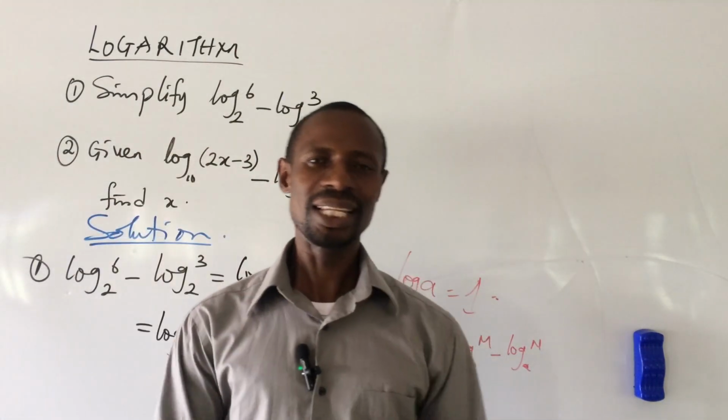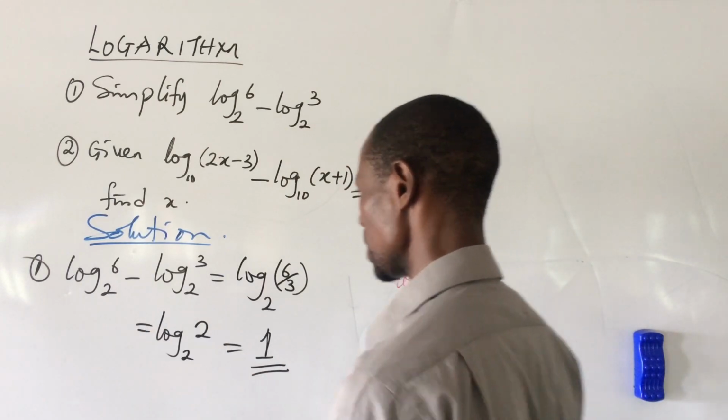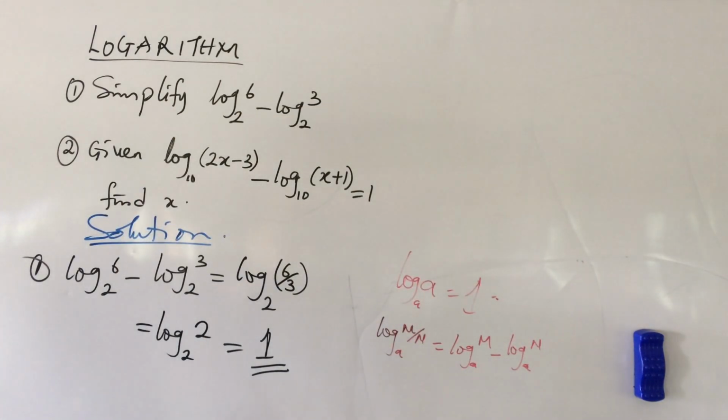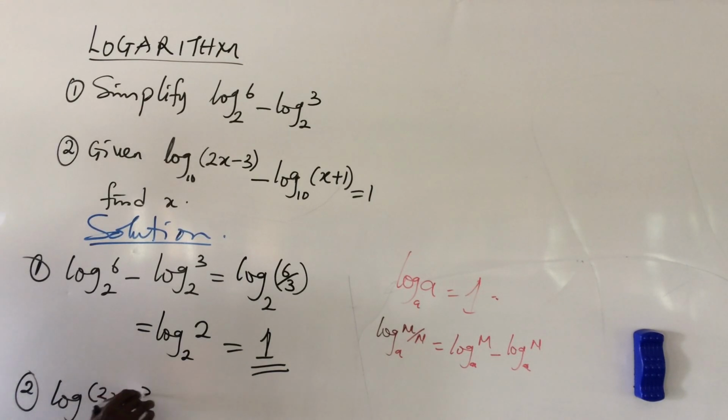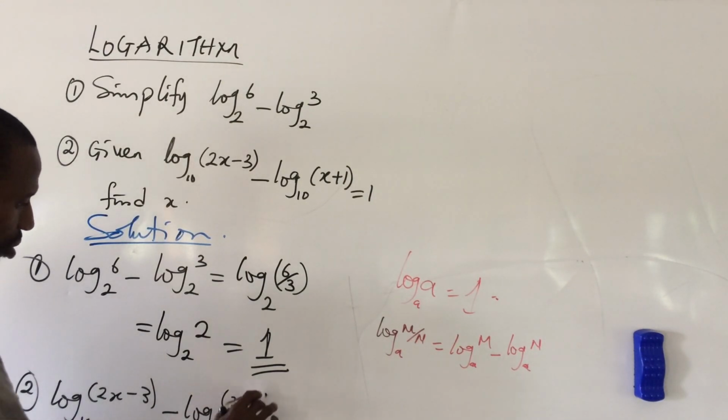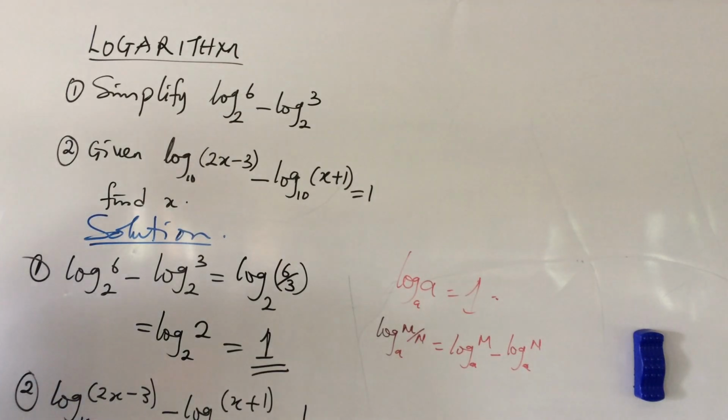Okay, so that leads us to the second question, number 2, which is log (2x minus 3) base 10 minus log (x plus 1) base 10 all equal to 1.